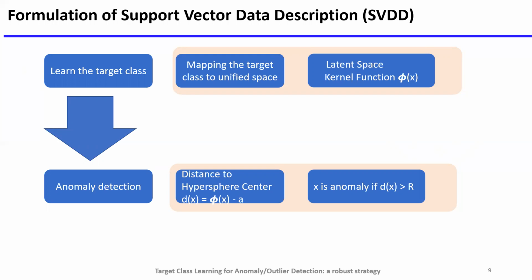But mostly the Gaussian kernel has been observed to be more suited for all types of applications. The second phase is anomaly detection. Once we have calculated this hypersphere boundary and the radius, any sample X can be declared an anomaly if the distance from the center of the distribution is greater than R.